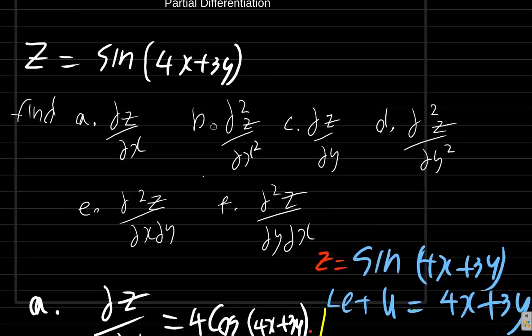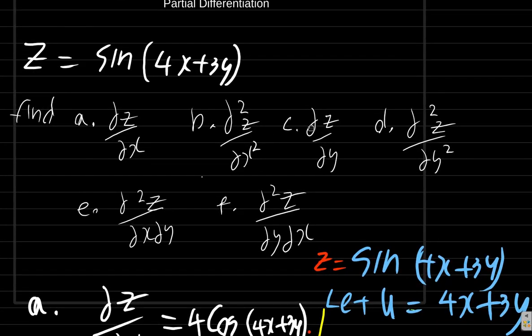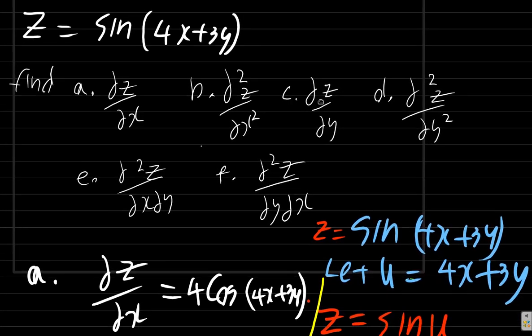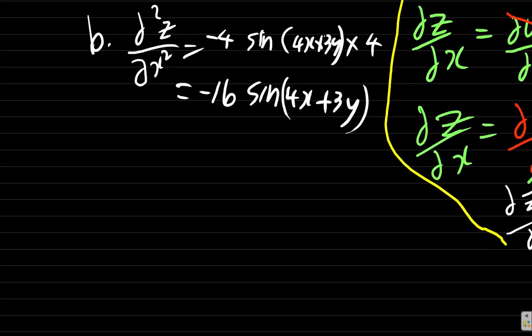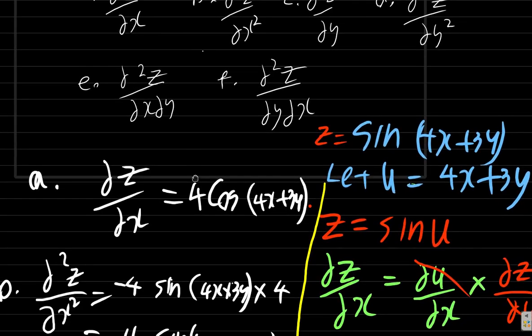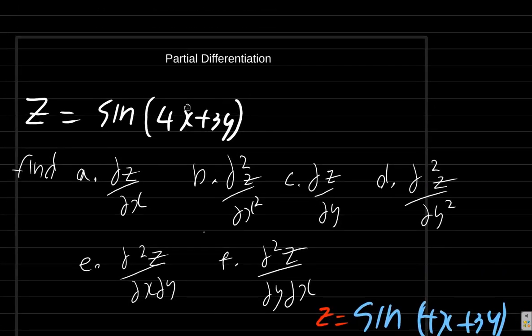Alright. C, ∂z/∂y. So C, you want ∂z/∂y. That is equal to the same kind of working. You differentiate the sine of something, you get the cos of that thing.